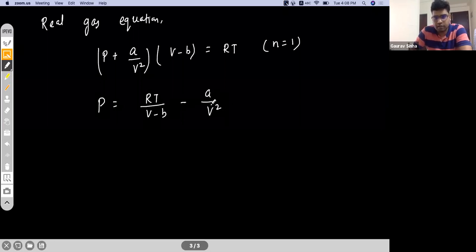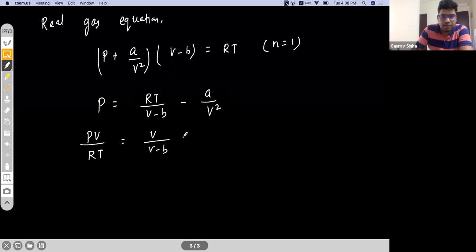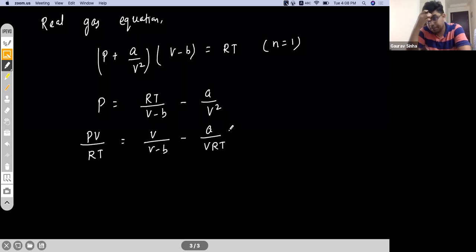V is the molar volume here. If you multiply this by V by RT, means we are multiplying with V by RT on both sides, we'll get V by V minus B minus A by V RT. Any doubt in this? Any doubt in this, guys? No?